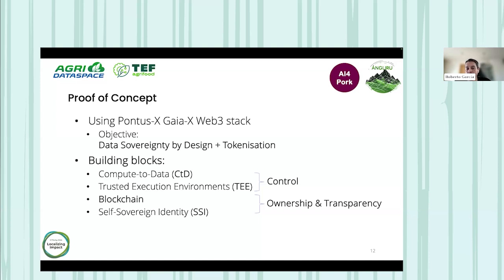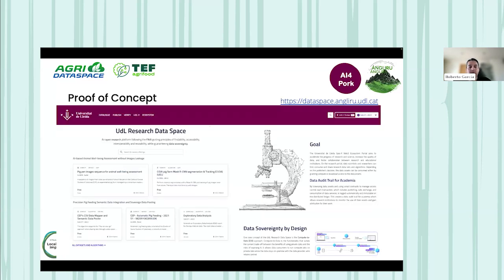And we can also transparently trace everything that happens because everything is recorded on the blockchain. This proof of concept is already available online. You have the link here. And we have conducted some experiments with real data, with real algorithms, just to explore what is possible and whether we can guarantee this level of sovereignty that we are trying to attain.